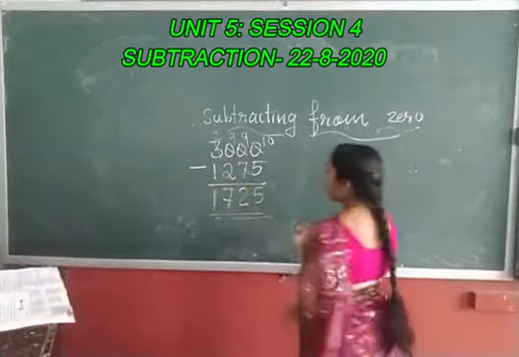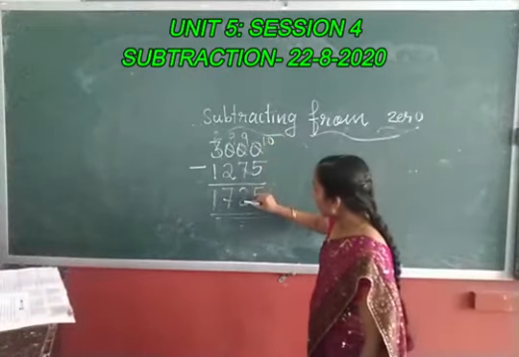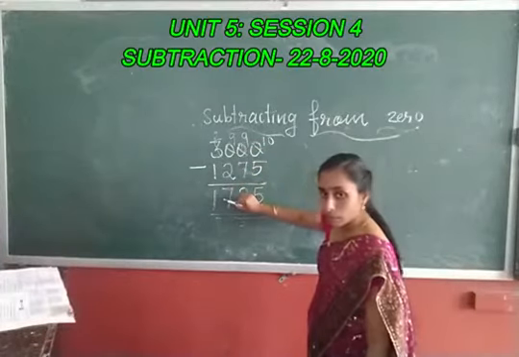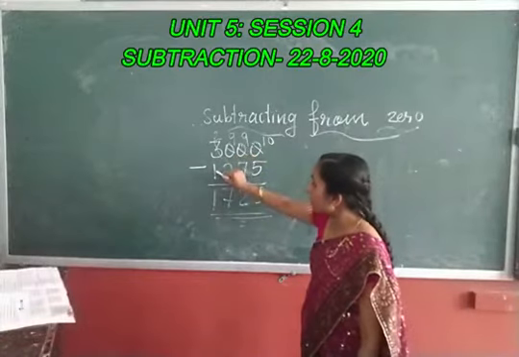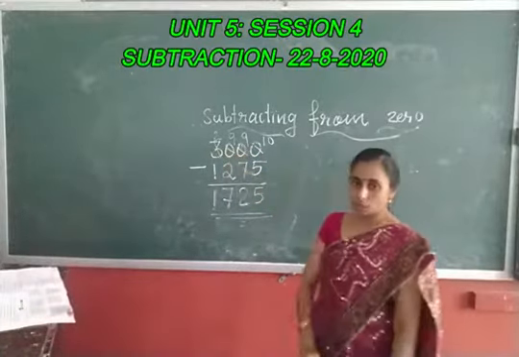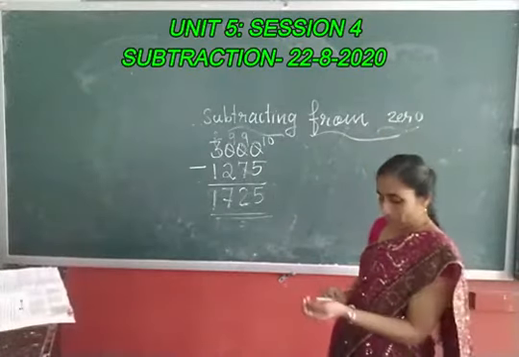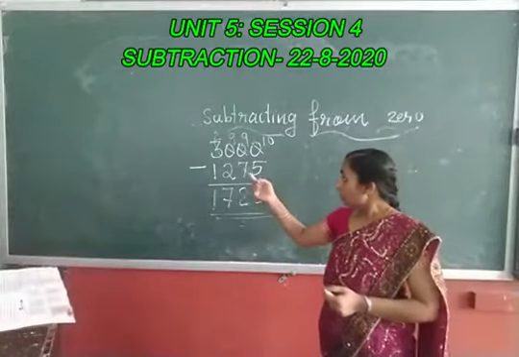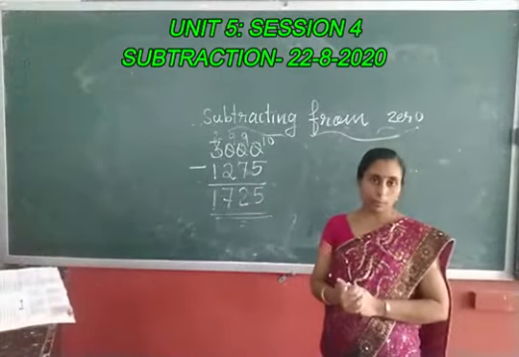Difference plus subtrahend. 5 plus 5, 10, carry over. 1 plus 2, 3. 3 plus 7, 10. Again 1 plus 7, 8. 8 plus 2, 10. Again 1 plus 1, 2, plus 1, 3. We have got the answer. 3000 minus 1275 is equal to 1725.